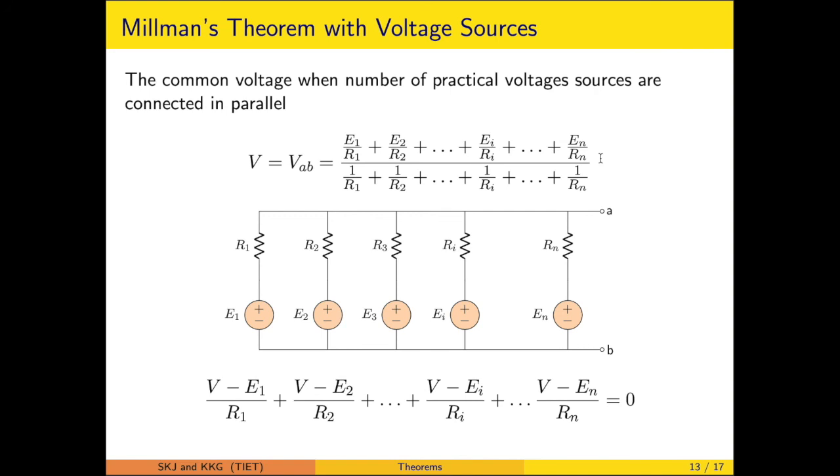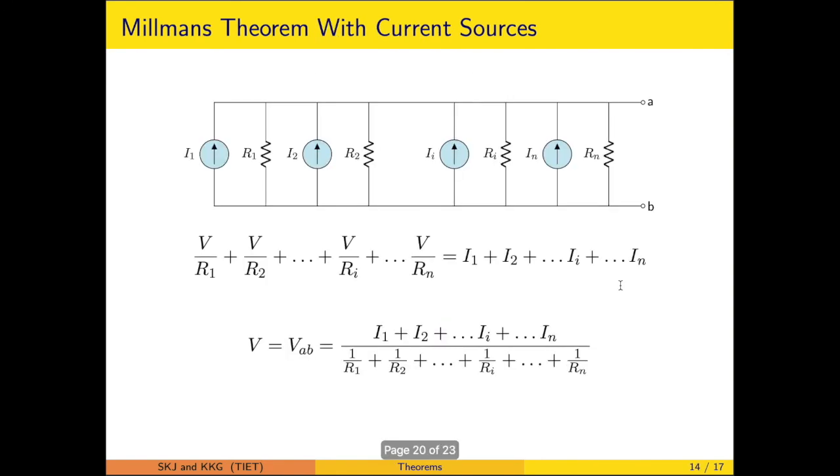The denominator will remain the same. If the voltage source and series resistance are represented by an equivalent current source and parallel resistance, the formulation will be like this. When you correlate the two equations, the Ii appearing in the numerator is exactly equal to Ei upon Ri.